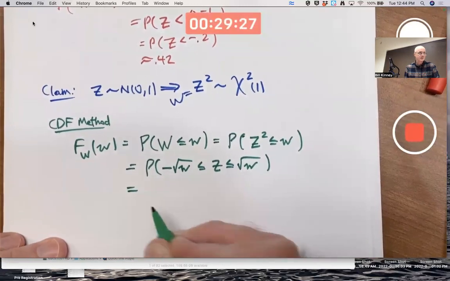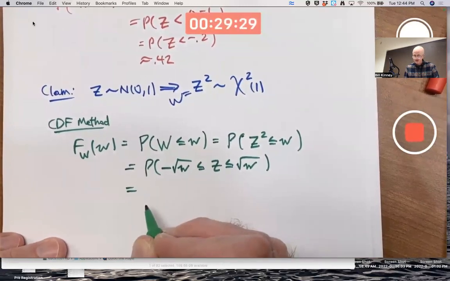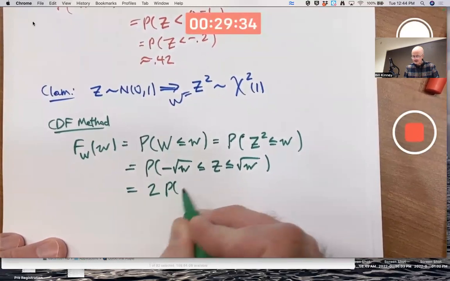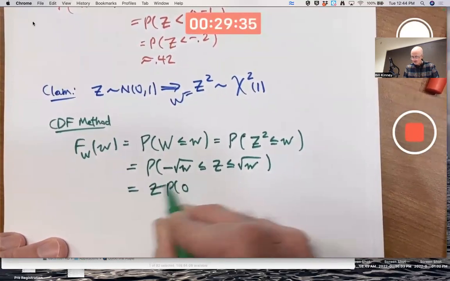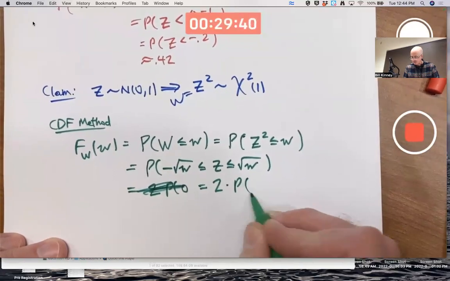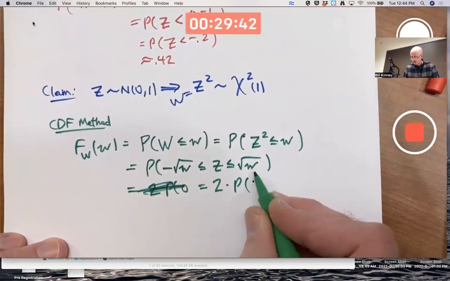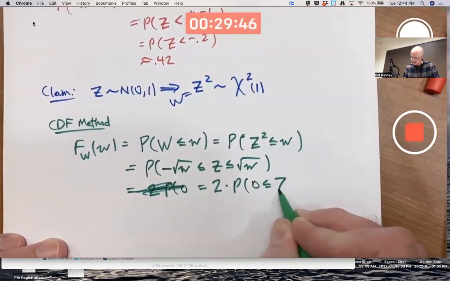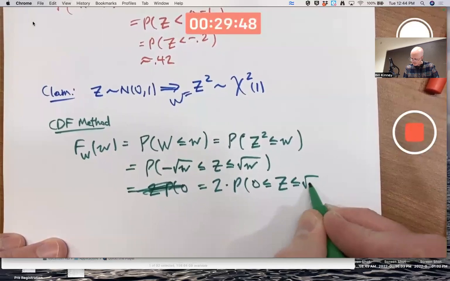It's an even function, the PDF. So I could do 2 times the probability that z is less than or equal to square root of w and also greater than or equal to 0. That might make it a little simpler, maybe.